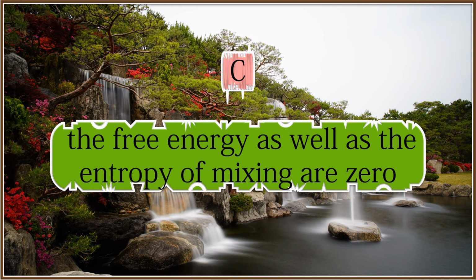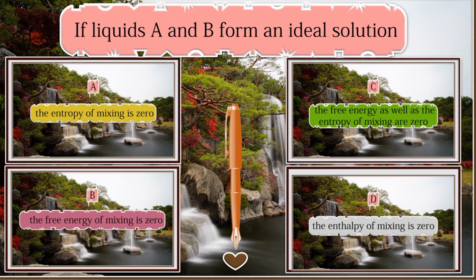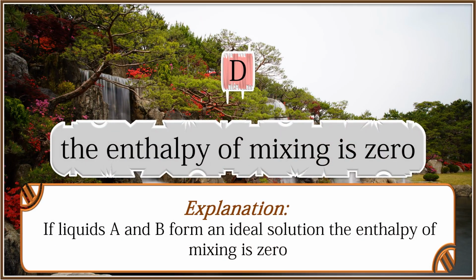The free energy as well as the entropy of mixing are 0. The enthalpy of mixing is 0. The answer is the enthalpy of mixing is 0. If liquids A and B form an ideal solution, the enthalpy of mixing is 0.